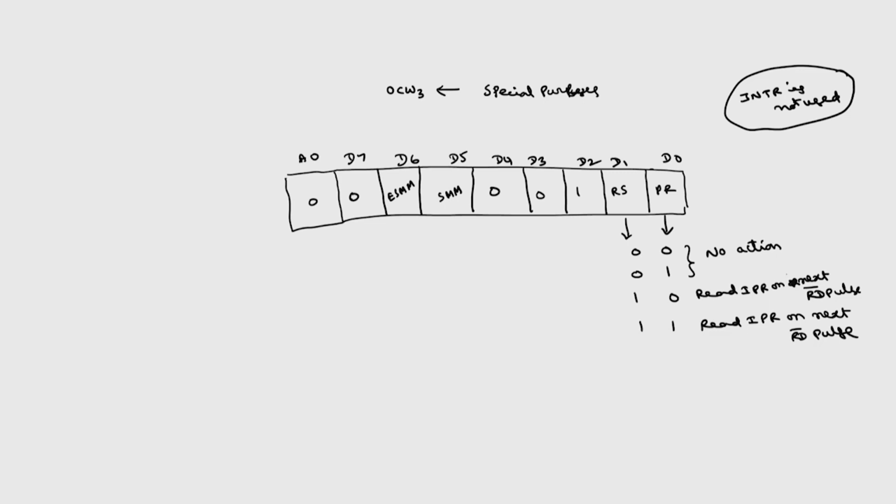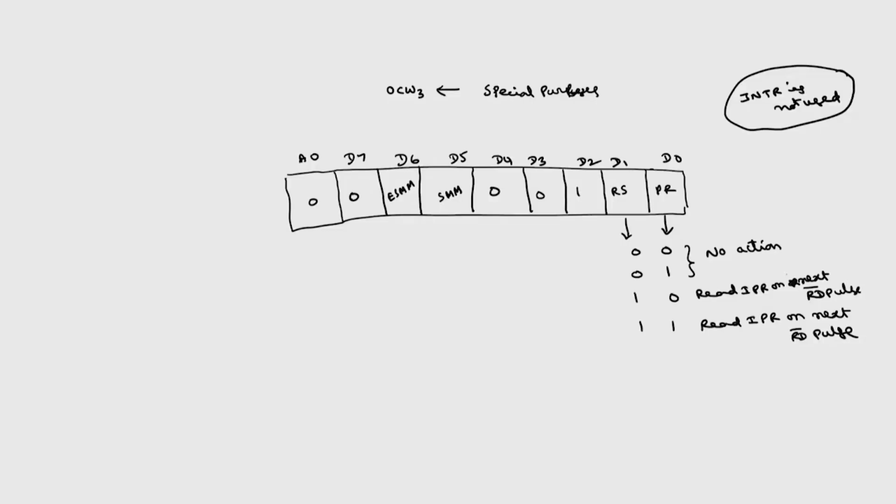So this 8259 will send INTR to the microprocessor, then the microprocessor acknowledges through INTA bar, thereby the type of interrupt is specified, meaning the type of call instruction. After that the particular interrupt will be served. Whereas in case of OCW3, in the special mask, this INTR is not used.